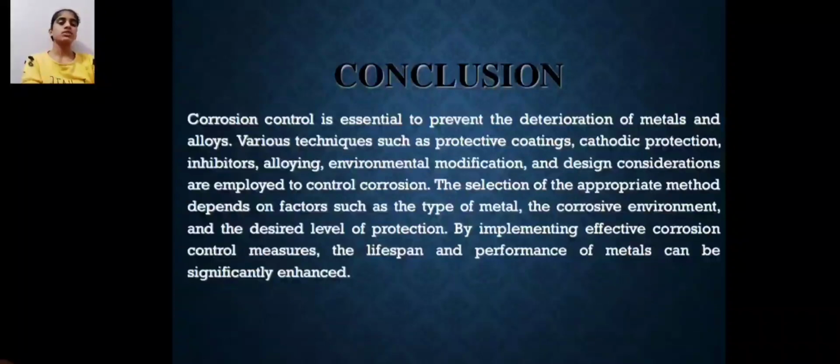The selection of the appropriate method depends on factors such as the type of metal, the corrosive environment, and the desired level of protection. By implementing effective corrosion control measures, the lifespan and the performance of metals can be significantly enhanced.